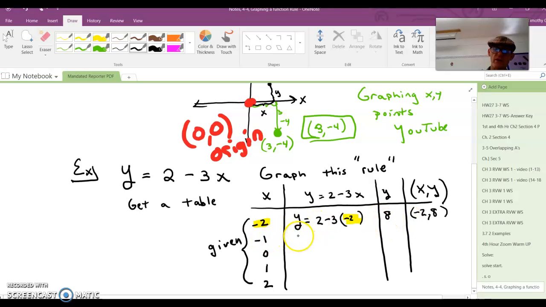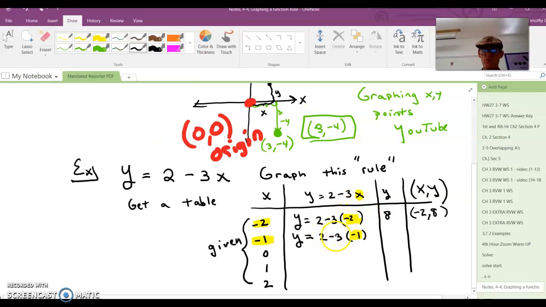Now, the second ordered pair is what you get when you substitute -1 in. So 2 minus 3 times -1. You see, that's the value that you substitute in for x right there. All right? So you get a value that you have to calculate.